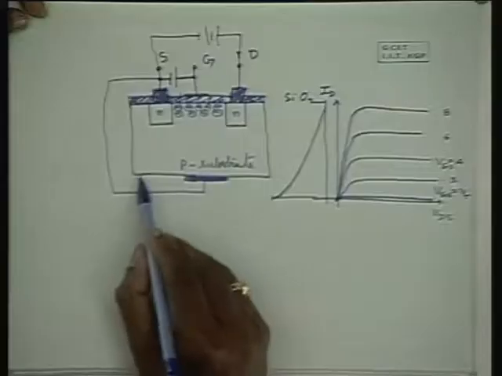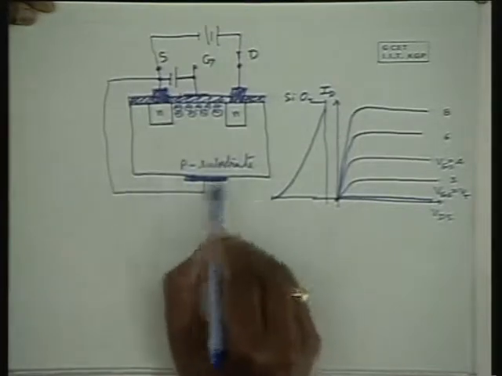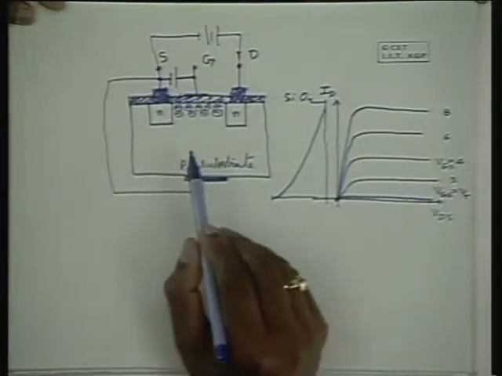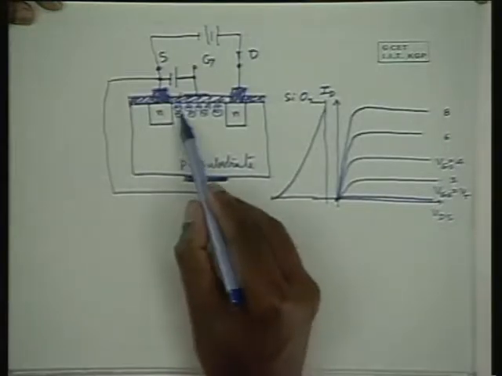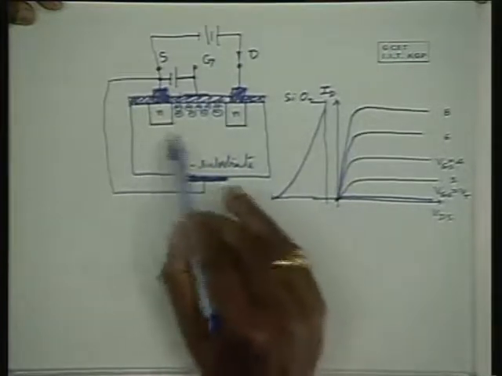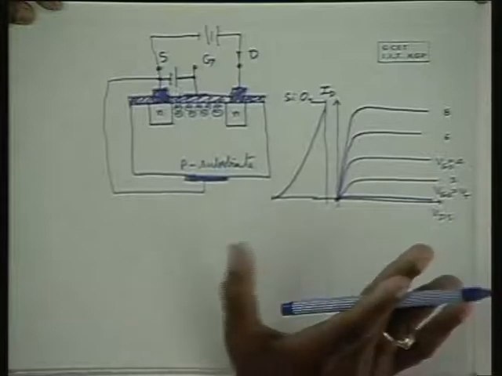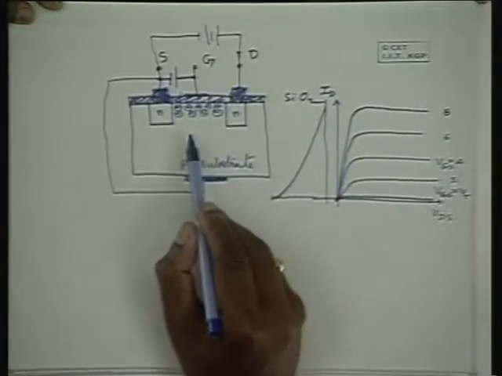So how does the thickness of the P substrate help? There is a question here: how does the thickness of the P substrate affect the device? First of all, if the P substrate dimensions are large, then you expect the total number of carriers available here to be large, and these carriers accumulate here, and you can have a large amount of current. With the doping concentration of P-type fixed, with increased size you can have a large concentration here.